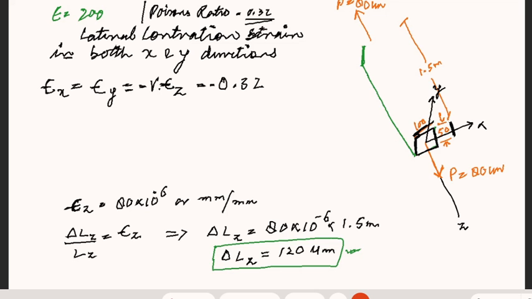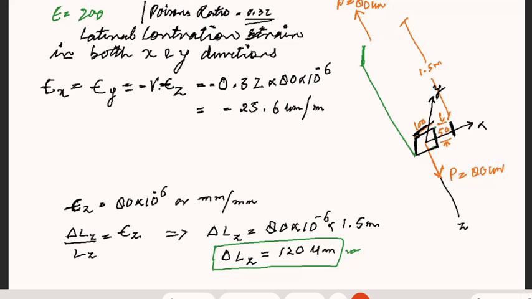So what is your epsilon z? It came out to be 80 into 10 raised to the power of minus 6. That will be equal to minus 25.6 micrometer per meter. This is your strain, right? Strain in either of the directions.